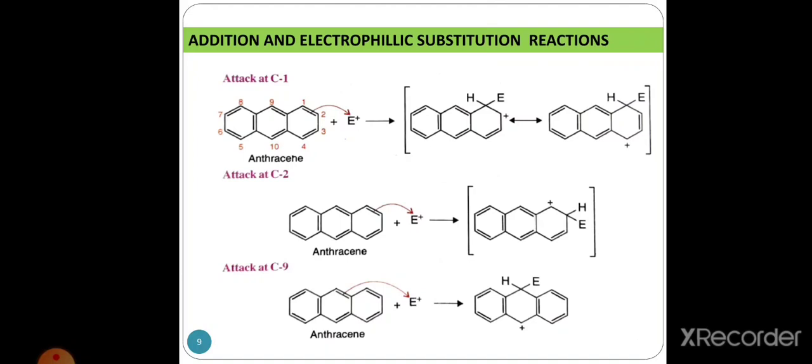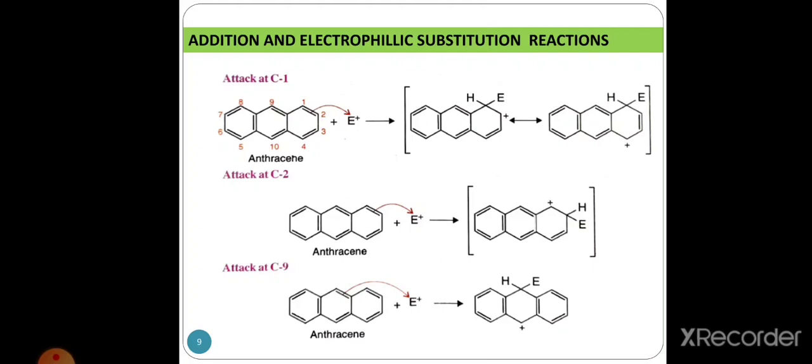Due to the attack at C9, the intermediate formed is more stable and its formation is more favored because the resonance energy of two benzene rings, which is equal to 72 kilocalories, that is, each benzene ring is having 36 kilocalories energy, exceeds that of naphthalene, which is having 61 kilocalories energy.